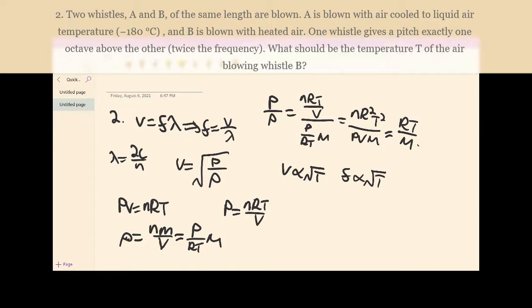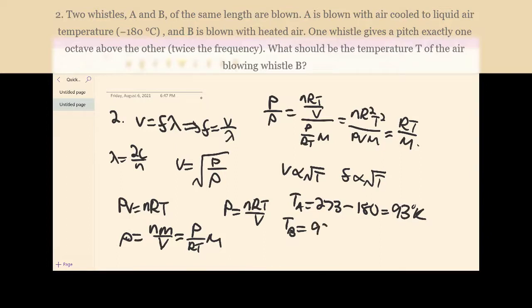Whistle A's air temperature, TA, is just equal to 273 minus 180, because we have to convert it into Kelvin. And this is equal to 93 Kelvin. And okay, so we know that the temperature of whistle B has to be 4 times higher than the temperature of whistle A, because we have to take the square root of that to get a frequency that is twice as high.